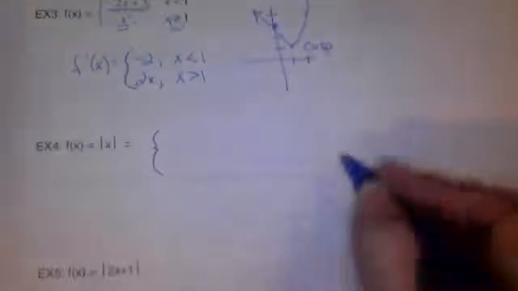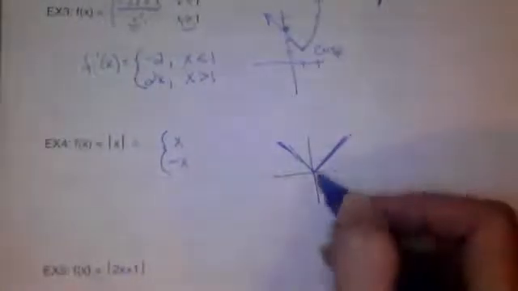And so for the absolute value of x, what we want to do first is rewrite this, because we know that the absolute value graph is really just two lines, one on the left with a negative slope, one on the right with a positive slope. So we're just going to separate this as x and negative x, and that change occurs at 0.